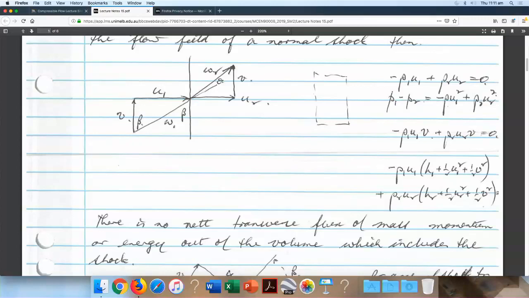Yes. As if it were accelerating? If it were accelerating, it's problematic. You'll have rates of change of momentum in the volume and so on and so forth. That is called a Galilean transformation, after Galileo, of course. All right.